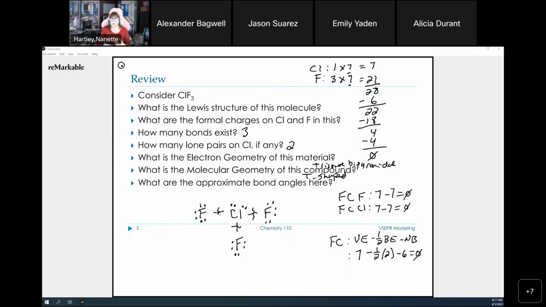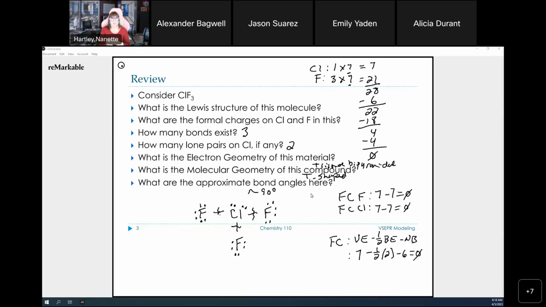So when we come back here and look at our questions again, my electron geometry, as we just said, was trigonal bipyramidal. My molecular geometry is T-shaped, and the bond angles that were given in that table are approximately 90 degrees. Now, why it's approximate, we can talk about that.